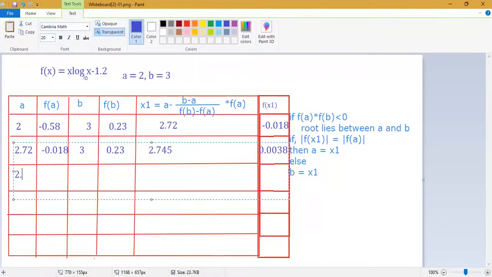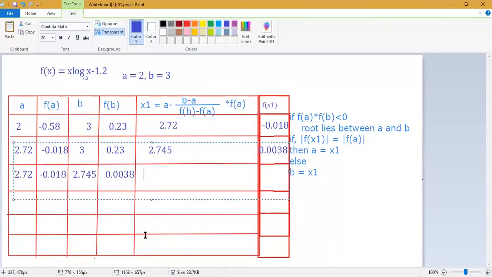So a remains 2.72 and fa still remains minus 0.018. Now b becomes, instead of 3, 2.745 and fb becomes 0.0038. So now you have to again calculate x1, again calculate fx1, and similarly you will proceed.